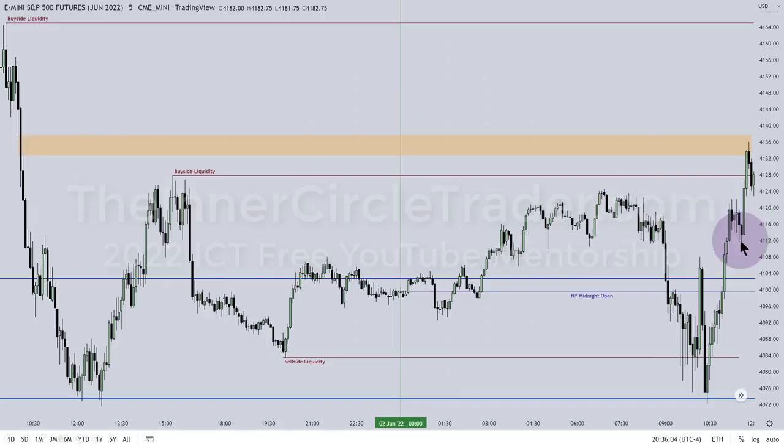My expectation was that we were here and likely to draw up into that in the PM session. As we were going into lunch and on the other side of lunch, we could have easily traded up into this area as an upside objective. And I didn't mention it, but you obviously know if we get above that, the next logical draw on liquidity would be above this high here. Okay.